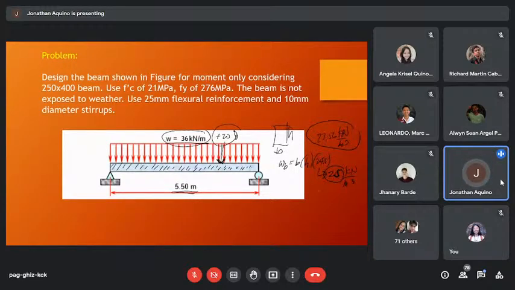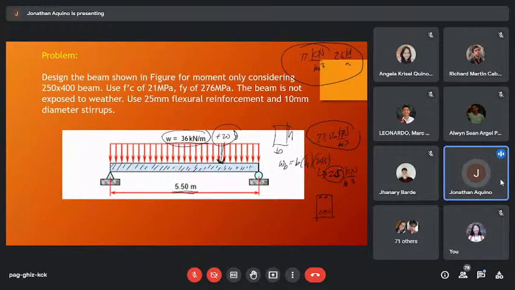Kasi i-add pa natin yung weight ng reinforcing bars. Di ba yung reinforcing bars natin, ang weight niya is 77 kilonewton per cubic meter. Samantala yung concrete natin is 24 o 25 kilonewton per cubic meter. So times 3 yung bigat ng steel compared sa concrete.